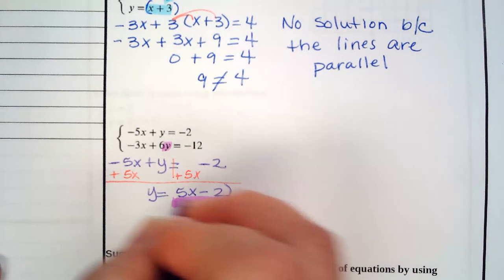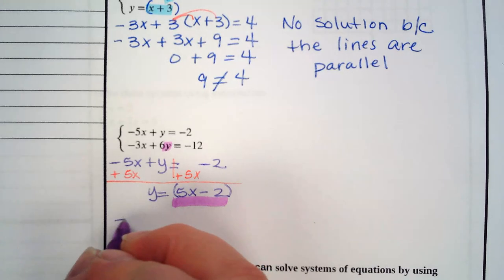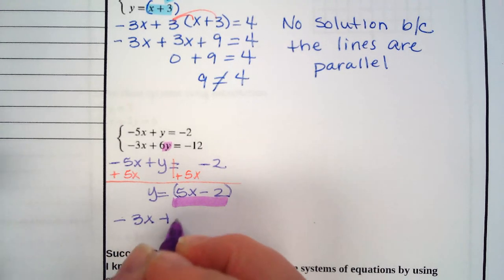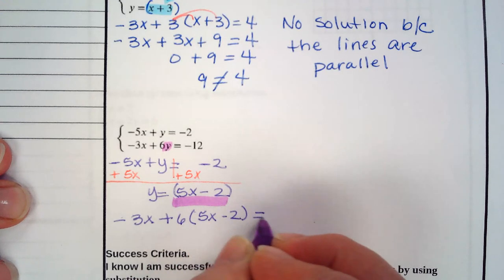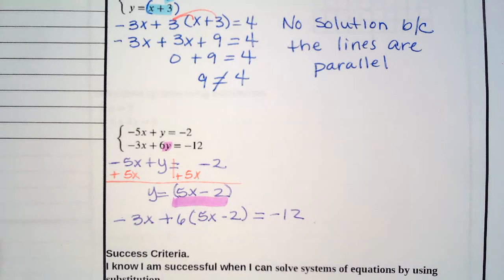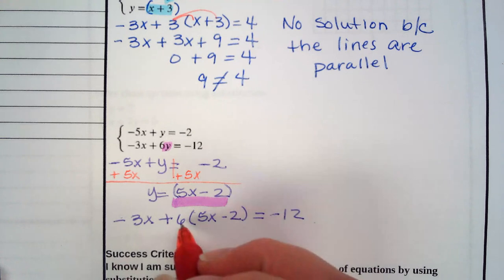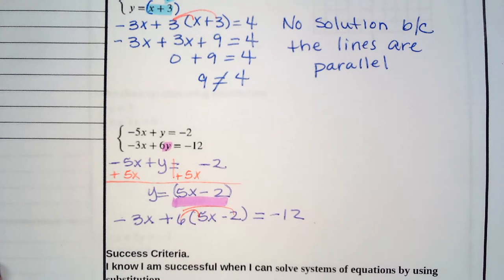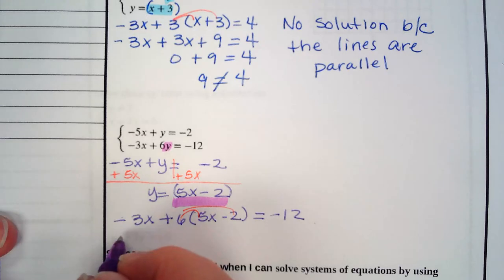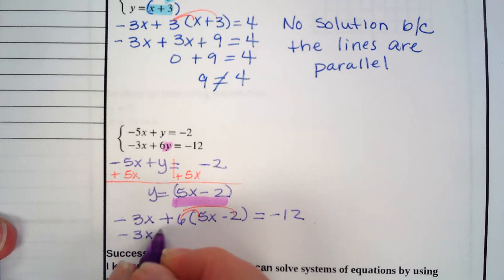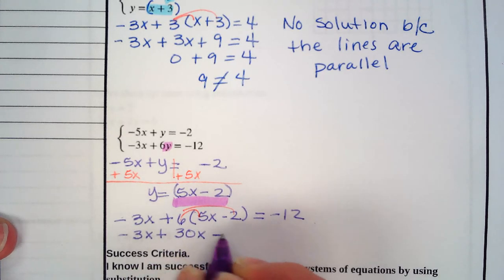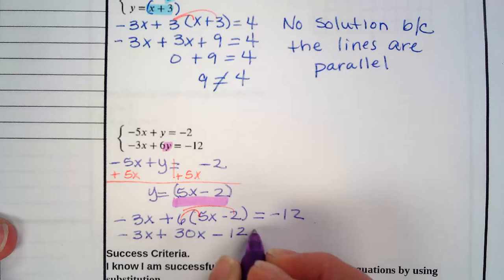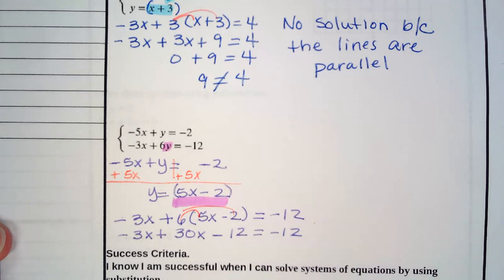Remember, you have to use parentheses. So negative 3x plus 6 times 5x minus 2 is equal to negative 12. Use your distributive property. Negative 3x plus 6 times 5x is 30x minus 6 times 2 is 12 is equal to negative 12.